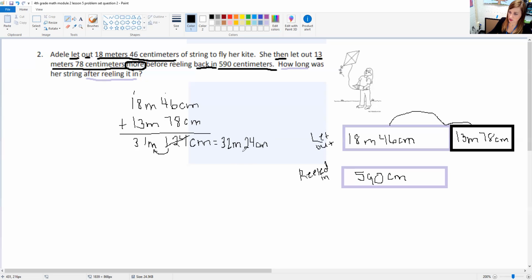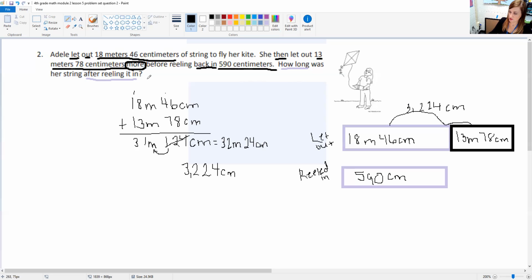And we know there's 100 of those in each of these. So we can say it as a number like this, 3,224. That's if I wanted to put it all in centimeters. So that's how much these two are total together, 3,224 centimeters.